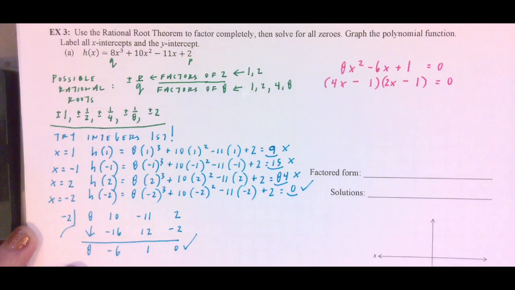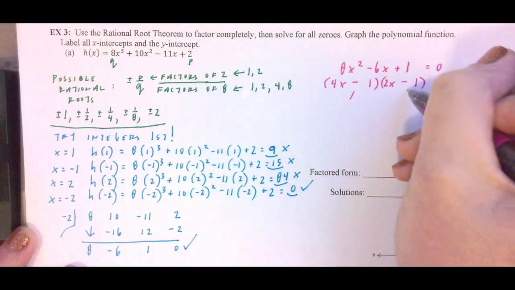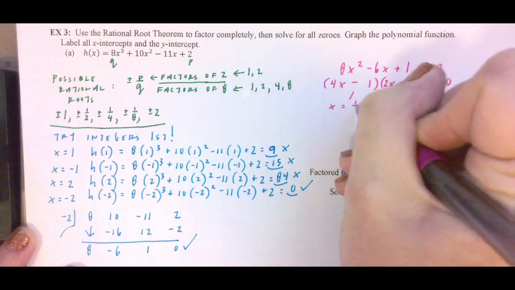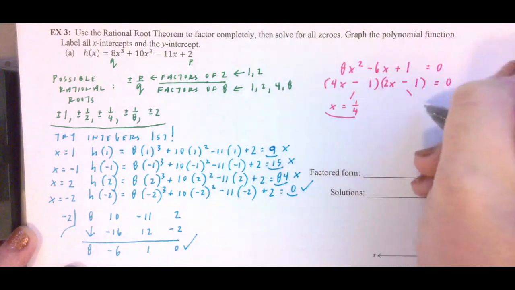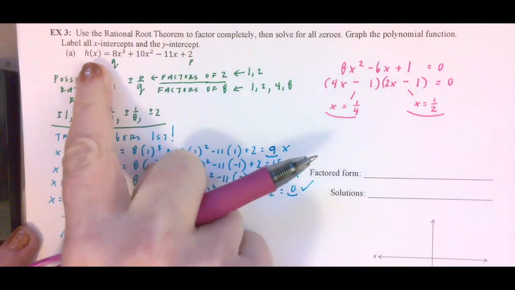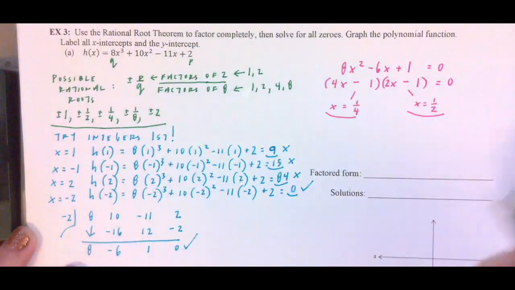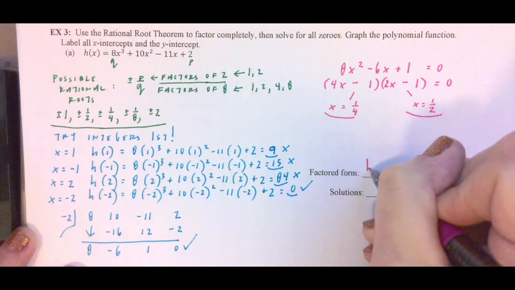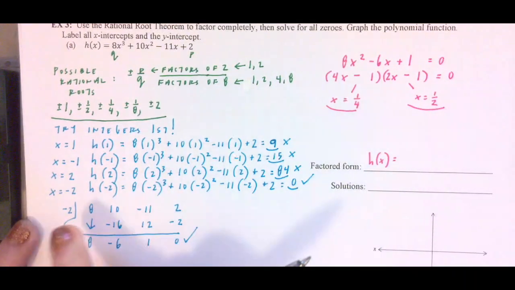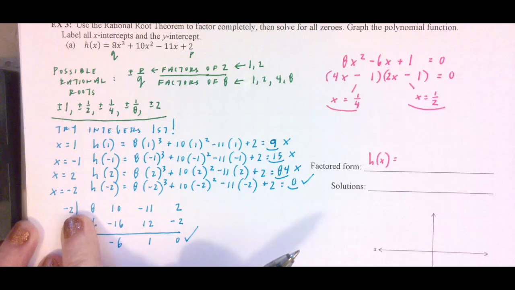So I was able to factor that down really quickly, and when I set each of these factors equal to 0, I would get my other solutions of x is 1/4 and x is 1/2. So writing this function here now fully factored, I have h of x is equal to. So remember that I was able to divide out x equals negative 2.